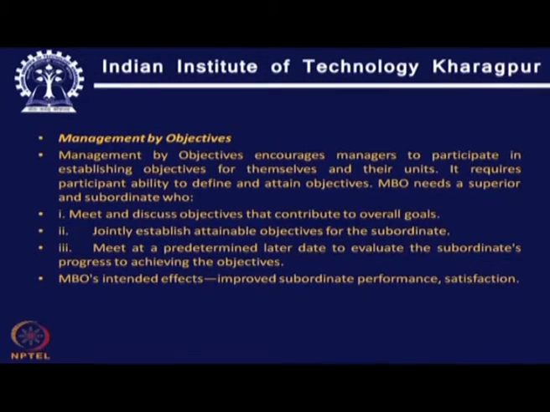One of the major requirements of management by objectives is the manager's ability to make decisions. If you are not able to make proper decisions, then this effort is not going to yield results.